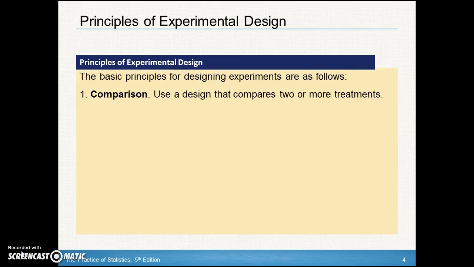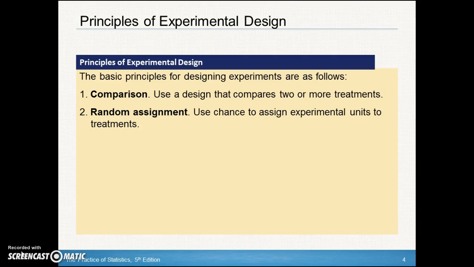So comparison is great, but it's actually not enough if our groups don't look the same to begin with. If we have 2 different groups of students that are very different to begin with, then our results are going to be biased.